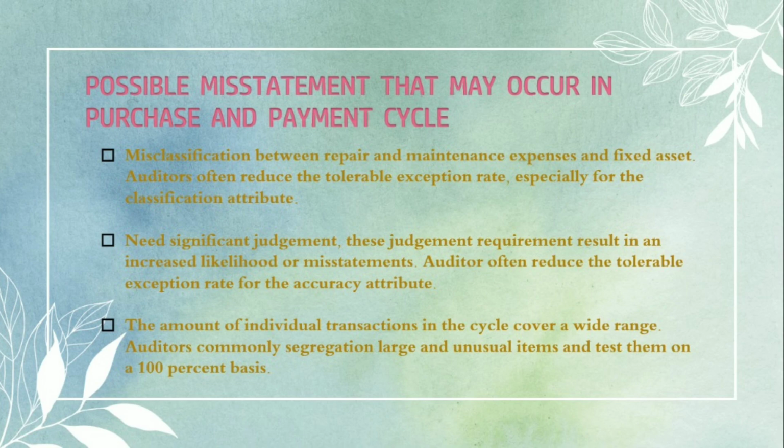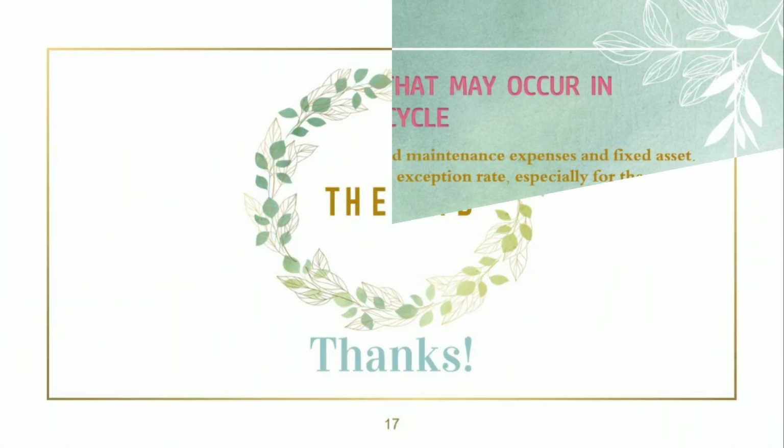The cycle covers a wide range, so the auditor commonly segregates large and unusual items and tests them on a 100% basis. So that's the end.